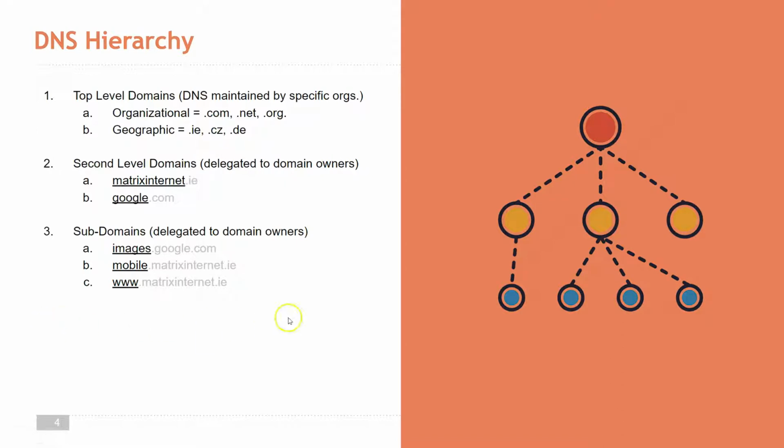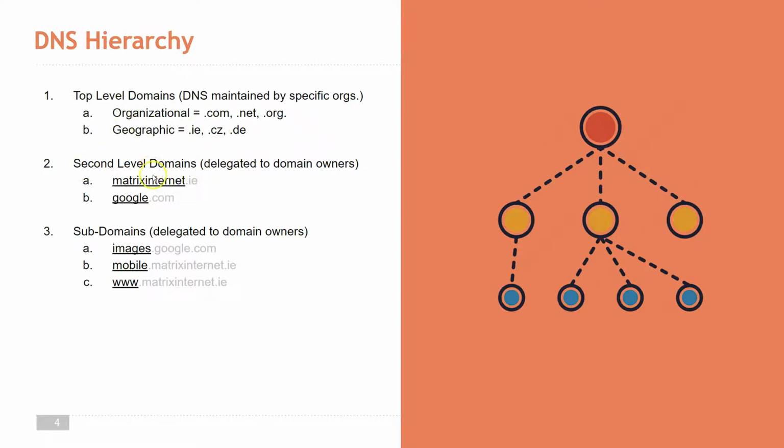Okay, so just quickly fly through the hierarchy here. We have top-level domains, which is the .com, the .net, the .org, the geographic domains, the .ie, the .cz, .de, whatever. By the way, the top-level domains are maintained by specific organizations that are appointed by ICANN to take care of that, and that's not in our hands. Obviously, we are not responsible for anything there.